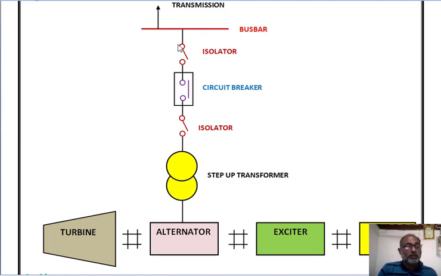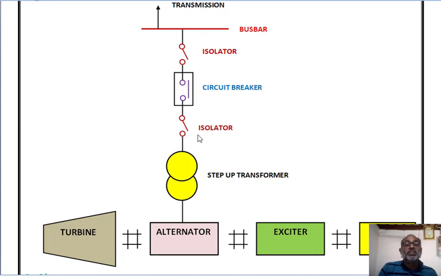Next, the isolator. The isolator is nothing but one type of air break switch, and it is placed on both sides of this circuit breaker. When we require some maintenance for this circuit breaker, it must be isolated from both sides. That means from the transmission line as well as this step-up transformer.